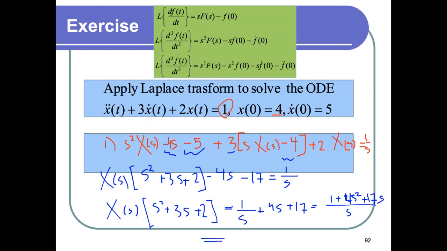What is capital X of s? Capital X of s is s multiplied by s squared plus 3s plus 2 in the denominator, with numerator 4s squared plus 17s plus 1. This is a strictly proper function, so we don't have any issues with partial fraction expansion.